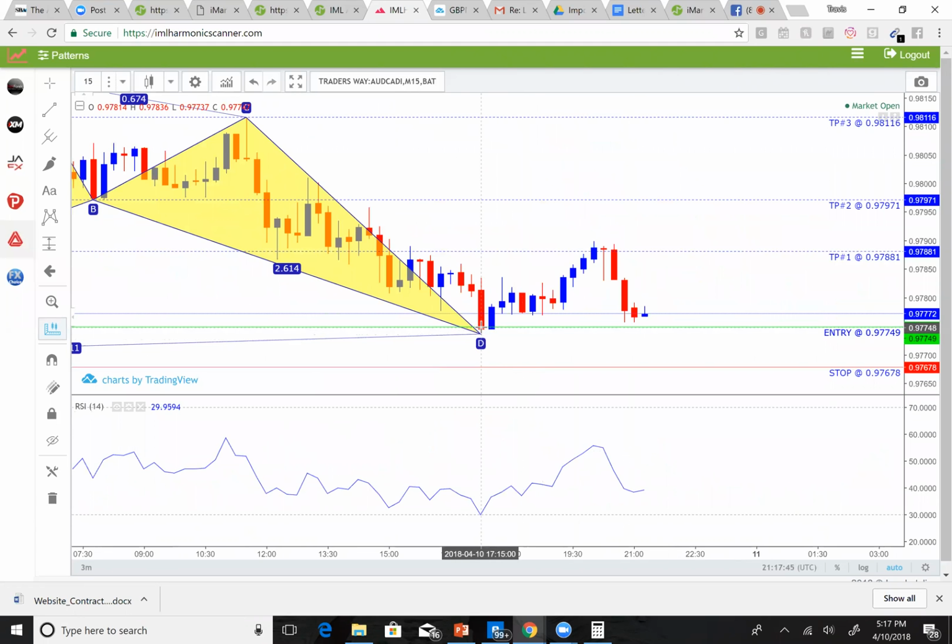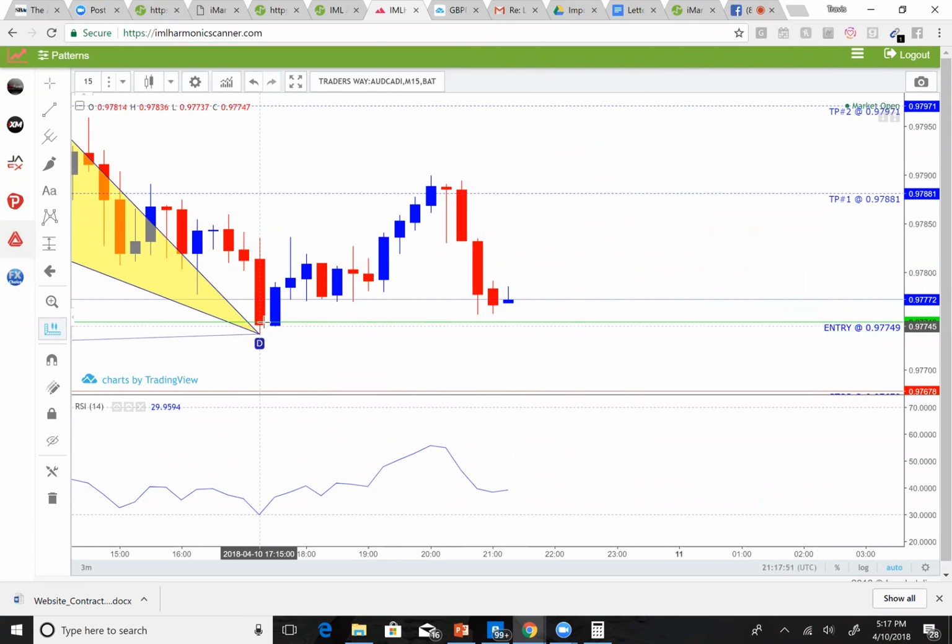According to the rule, we wouldn't get into it. Me, I might have thought about it only because a little small piece of the candle went through and it started going in my direction. And if we would have waited till that second candle closed, which was still in our direction, so you're talking about 99 pips that would have been gained.